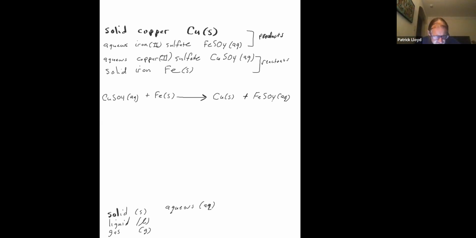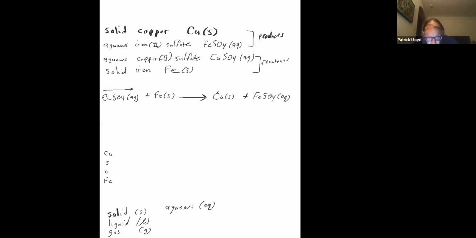So what elements do we have? We have sulfur, we have copper, we have oxygen. So we got copper, sulfur, oxygen, and iron, right? 4 elements. How many coppers? I'm just going to start on the left and move my way to the right. How many coppers do we have here? 1. How many do we have over here? 1. So copper is balanced. Sulfur, 1 on the left, 1 on the right. Oxygen, 4 on the left, 4 on the right.